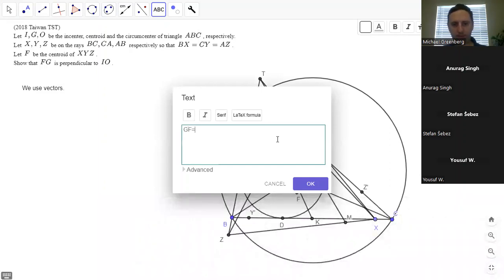So GF, that's going to be G minus F, which is a third of A plus B plus C minus X minus Y minus Z. And that is a third of B minus X plus C minus Y plus A minus Z, which is a third of BX plus CY plus AZ.